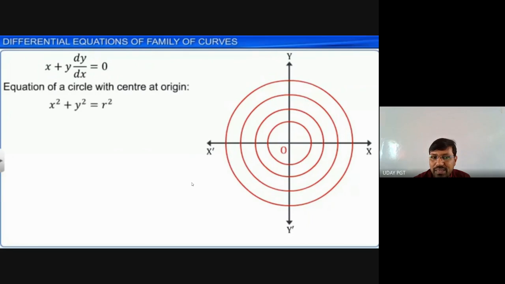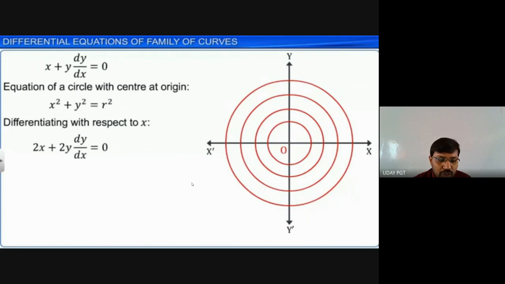The equation of the circle with the center at the origin is x square plus y square equal to r square. When you differentiate this with respect to x, we get 2x plus 2y dy by dx equal to 0. From this, x plus y dy by dx equal to 0.